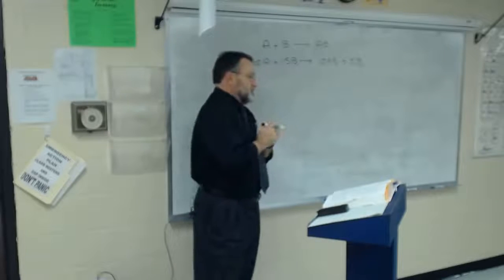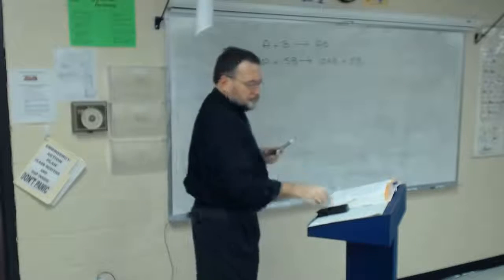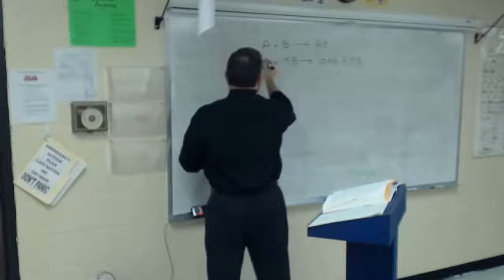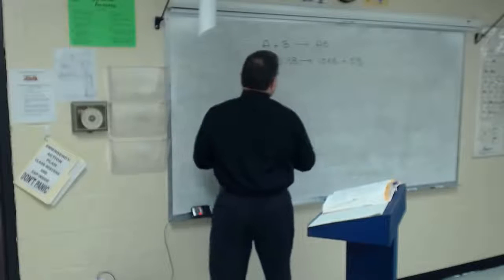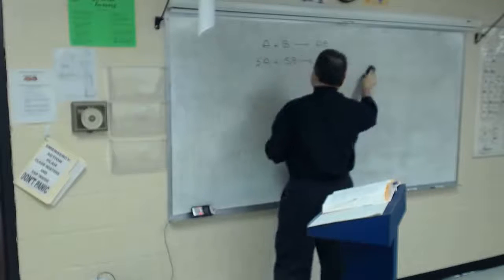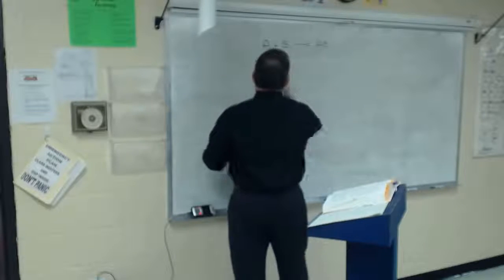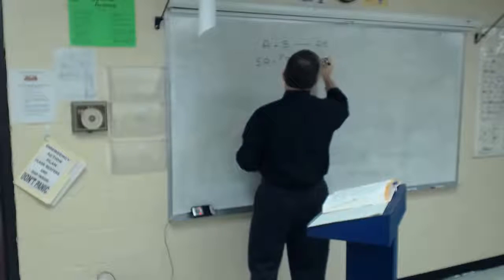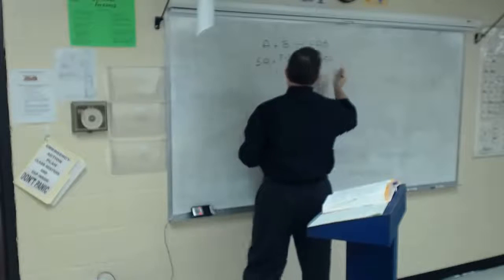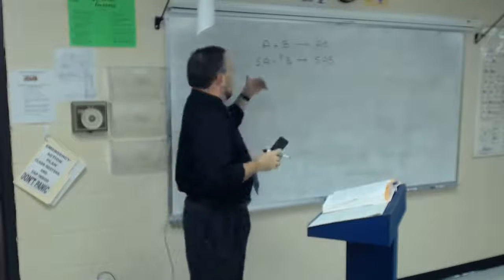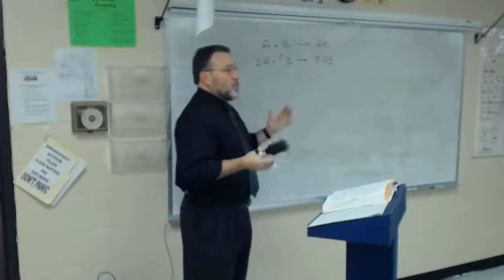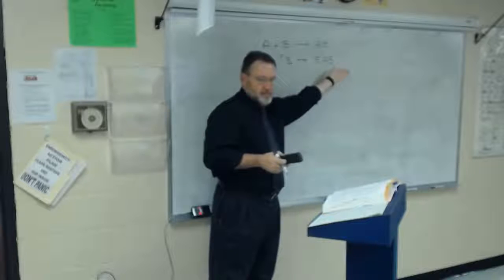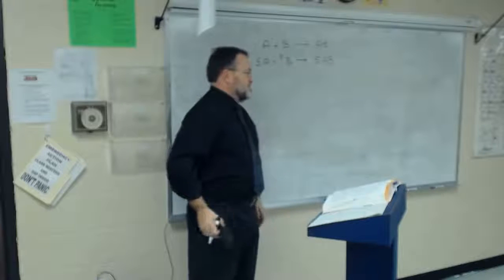If I told you that I had 5A and some quantity of B that I reacted to produce 5AB, how many B must I have?